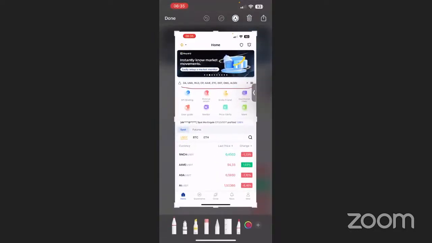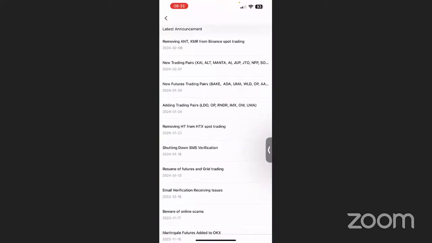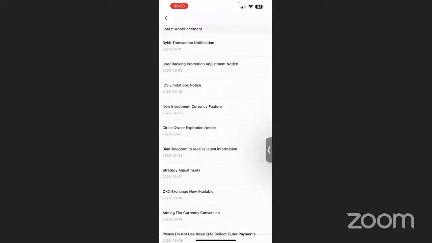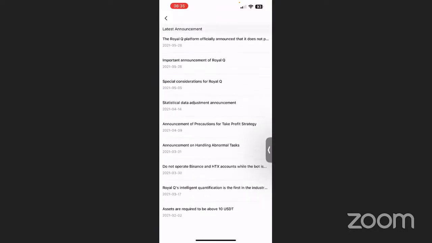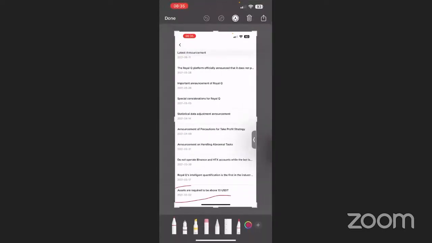So you would see some announcements here. If I tap on this menu bar or the three lines, it actually shows all the latest announcements. If I tap to the last end, you are going to see the first announcement that was shared.